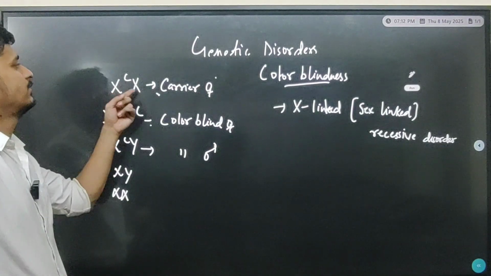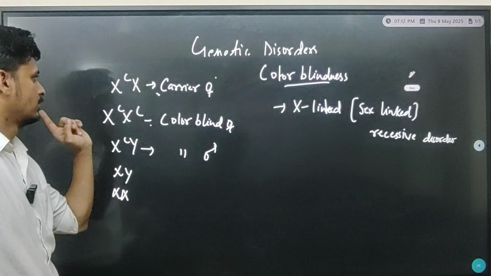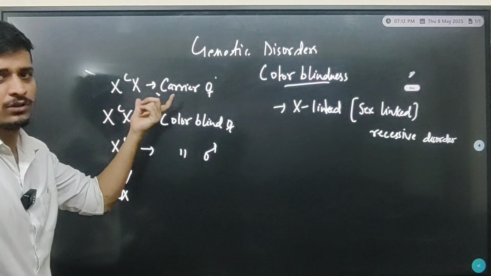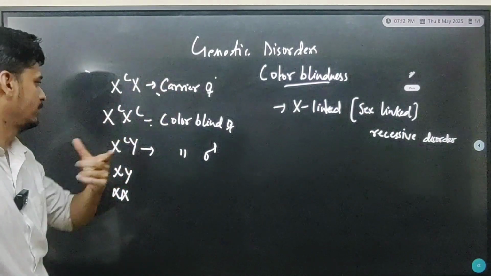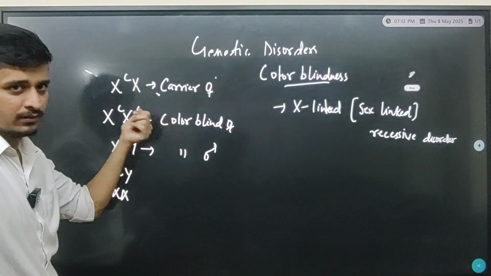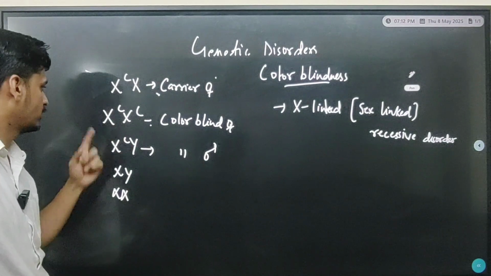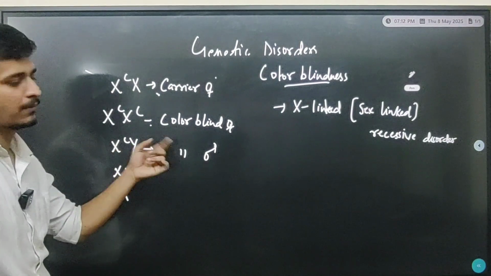So XCX is a carrier female, a carrier for color blindness. There will be no symptoms of color blindness in a carrier female. In a color blind female, XCXC, both infected genes will be present on both X chromosomes. XCY is a color blind male.